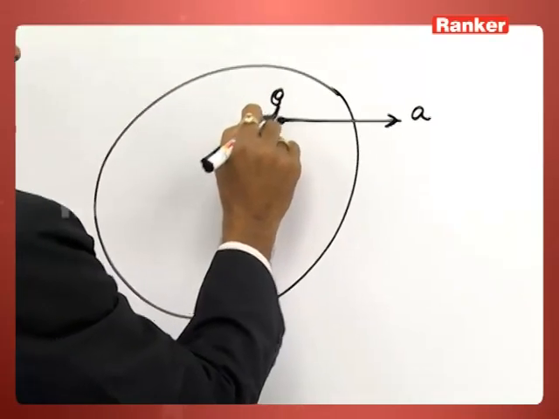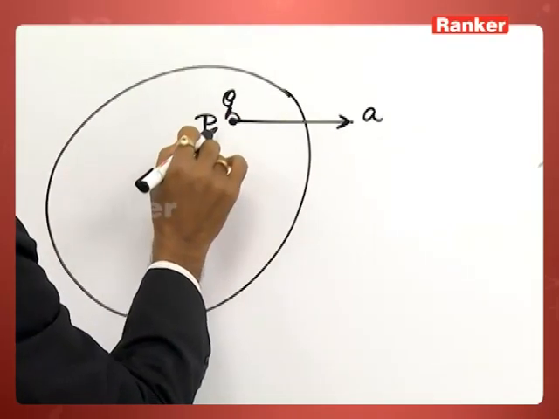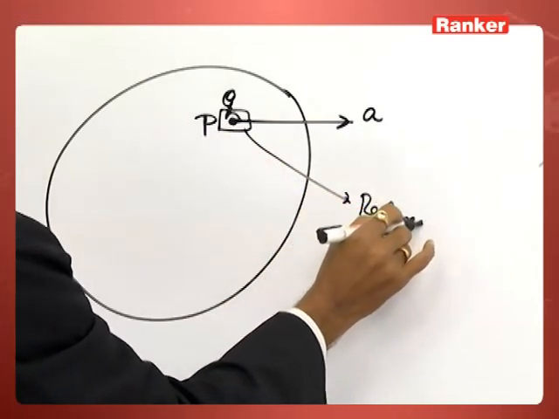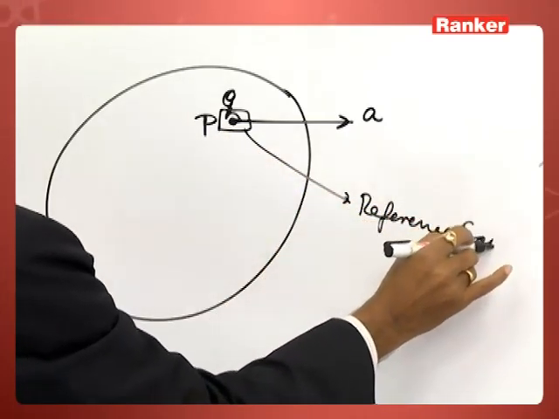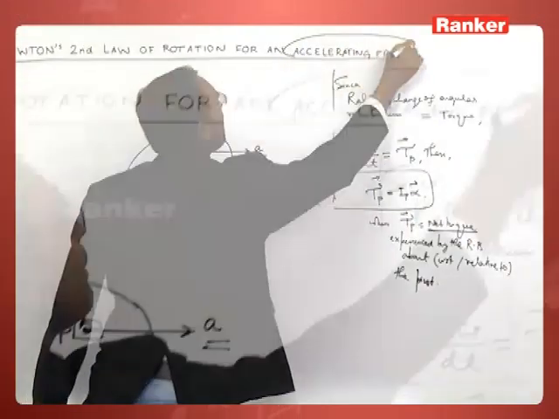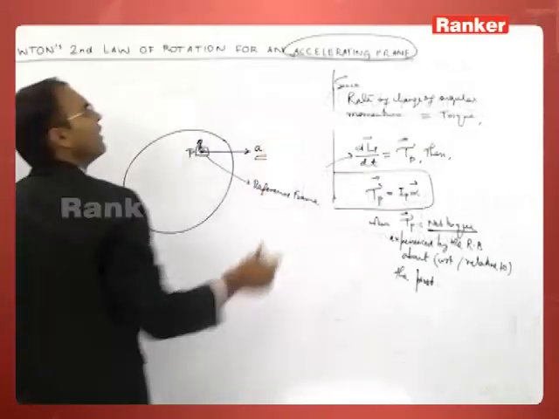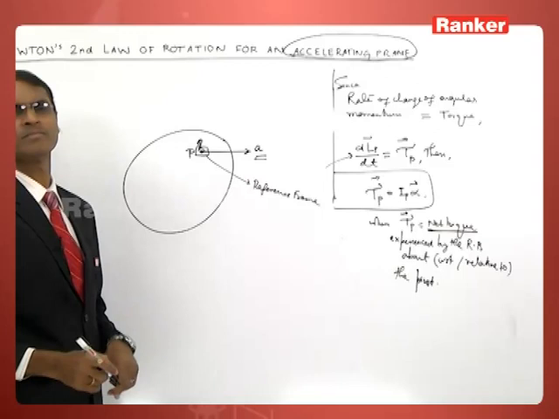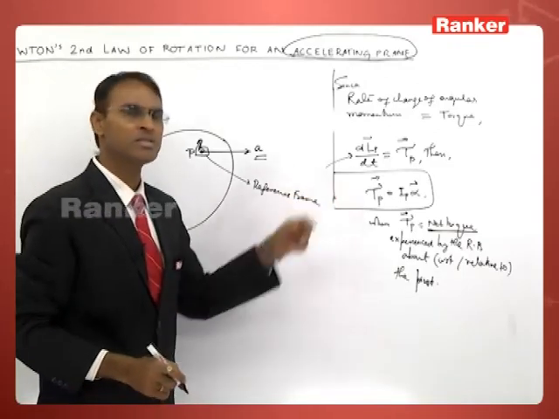You are sitting here. Therefore, this is the reference frame. And this reference frame is accelerating. Therefore, I put accelerating frame. When this pivot is fixed, you apply the same equation.